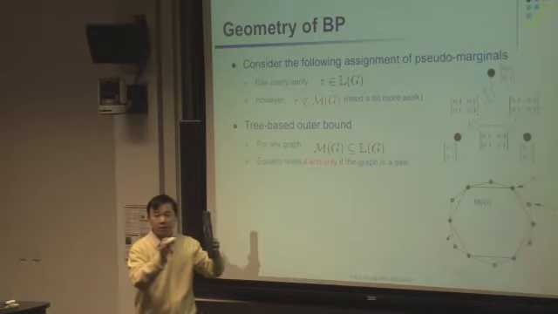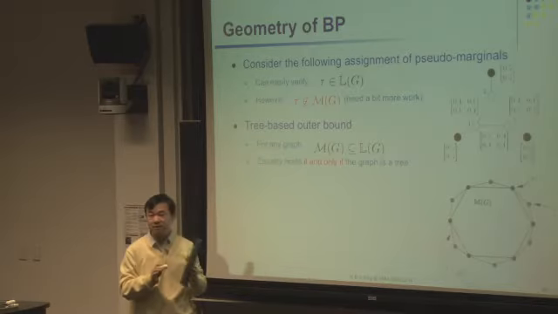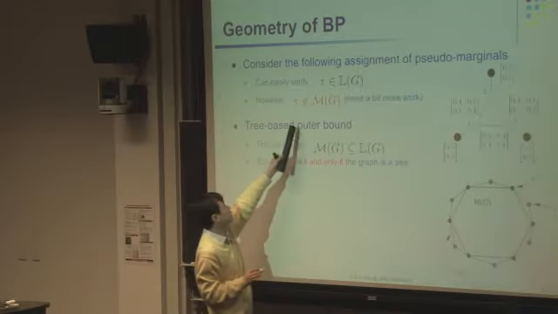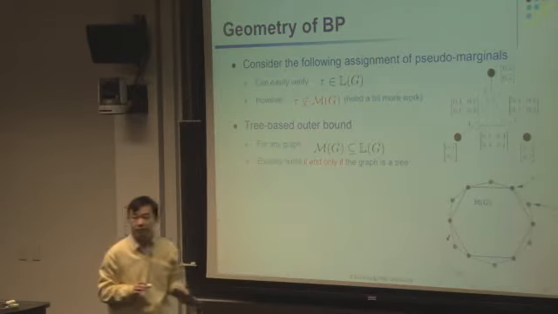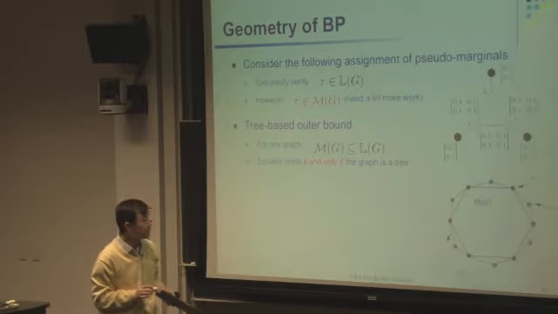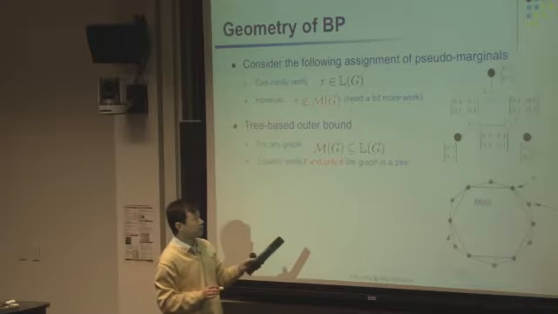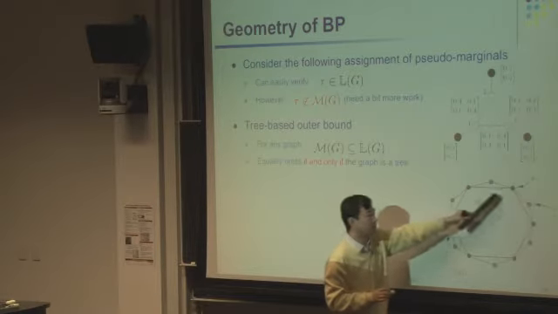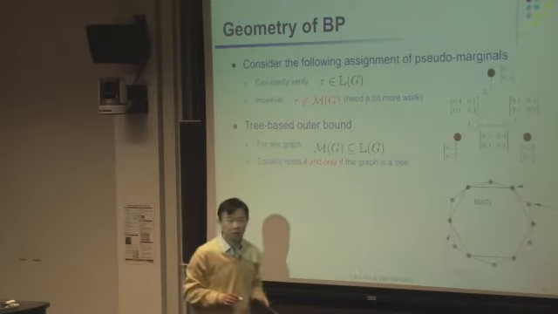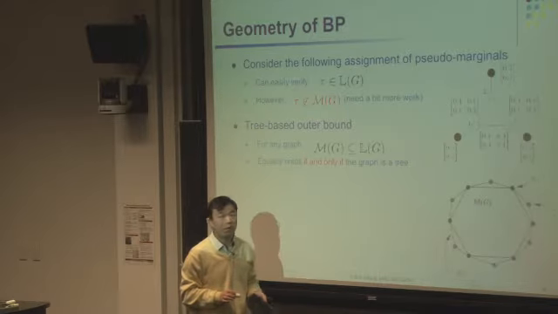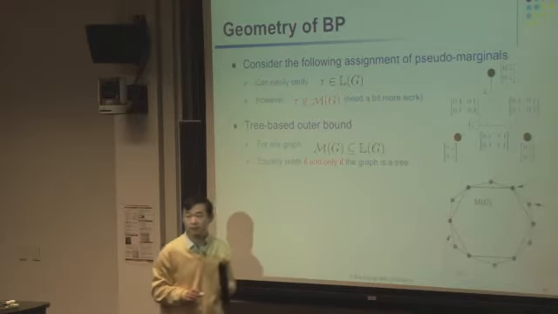And that's why this whole thing is bigger than the M. It must be bigger because there are some tau which cannot be in M. It's not valid. But on the other hand, the corners of the original marginal polytope must all actually be in the L.